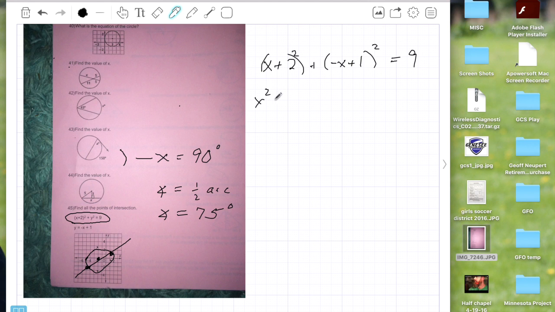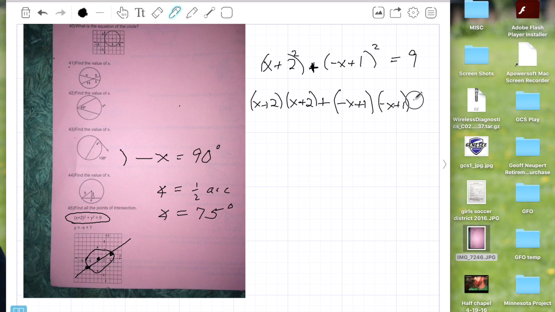So we've got x squared plus 2x plus 2x. FOIL method here. You know what? Maybe I should have shown that. I'm not sure how much algebra you remember. So x plus 2 times x plus 2 plus, that was a plus, right? Yep, that was a plus. Negative x plus 1, negative x plus 1.